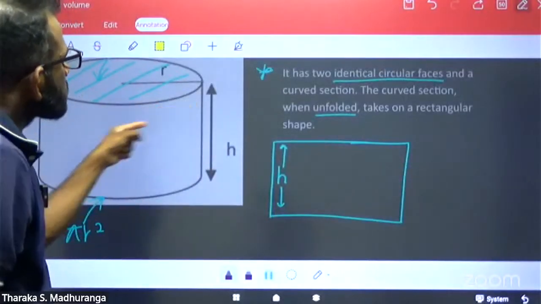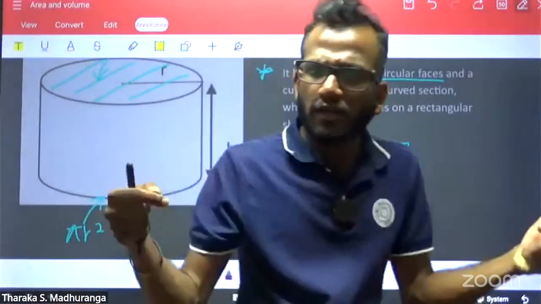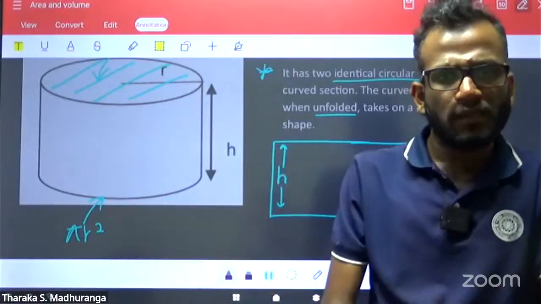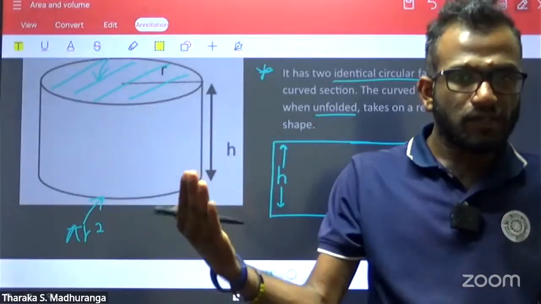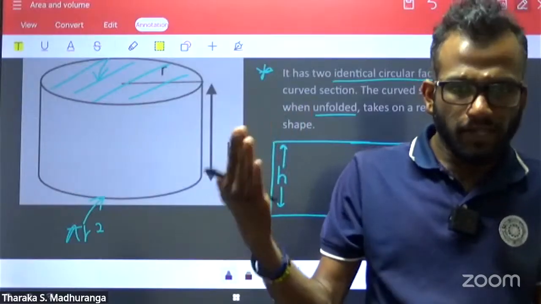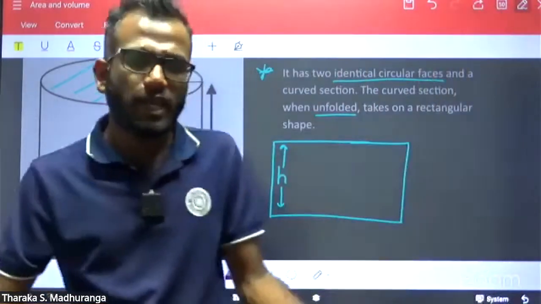And what is the length of this rectangle? If I unfold this curved surface as a rectangle, what is the length of this rectangle?